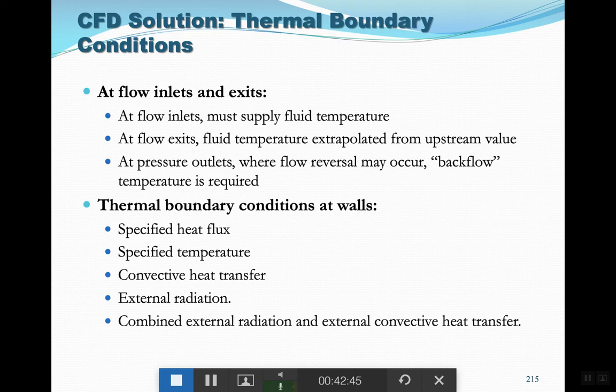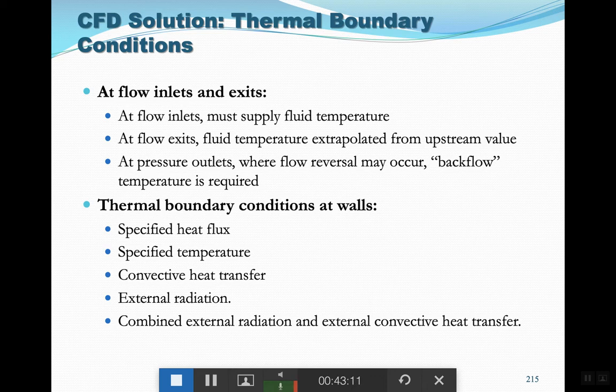If you're talking about walls, remember, other than the exit and inlet, the chances are most boundary conditions for heat transfer that you will provide are for the walls. On the walls, you have to have either a specified heat flux, so you have to provide the constant heat flux on the wall, or a specified temperature.